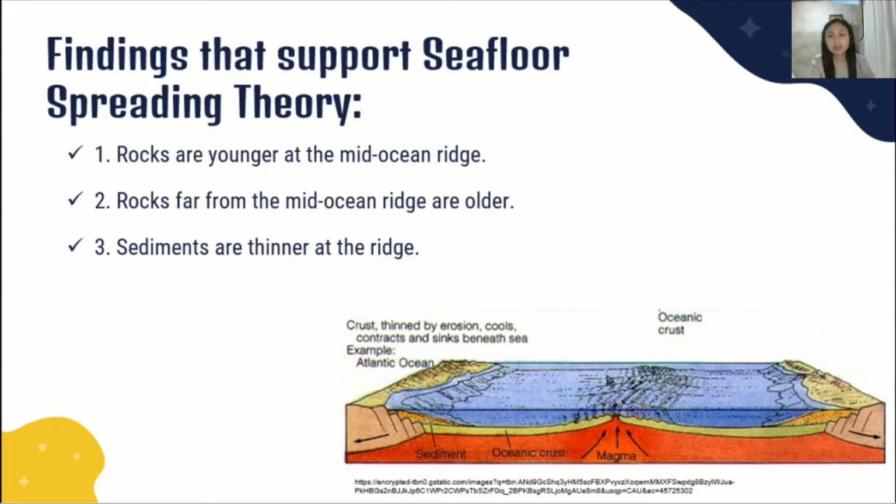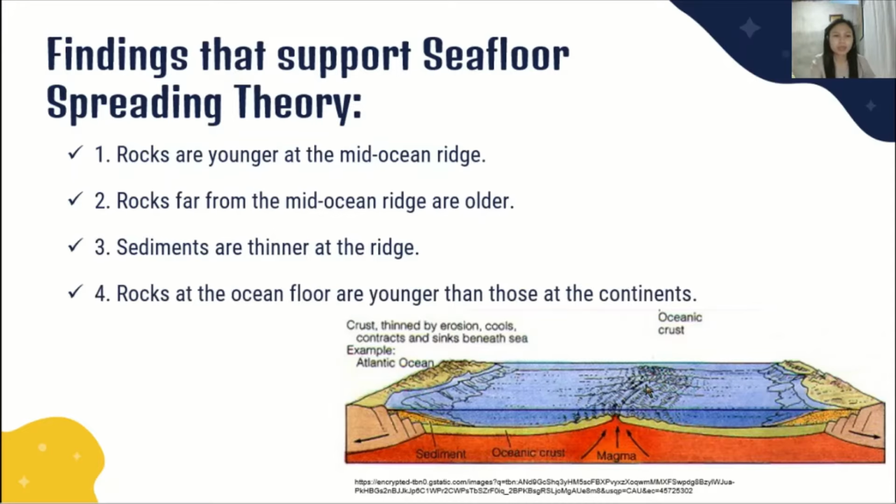Since the rocks here in the oceanic ridge are the youngest, there is a thin accumulation of sediments here. And then, rocks at the ocean floor are younger than those at the continents.